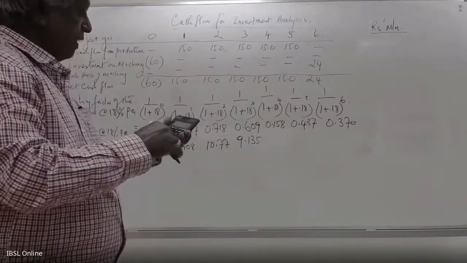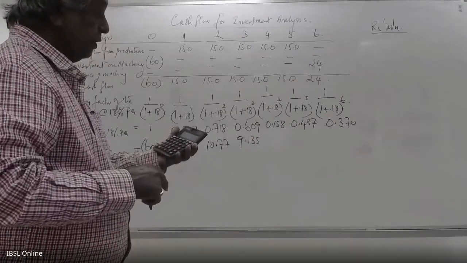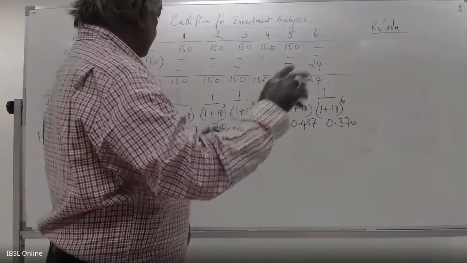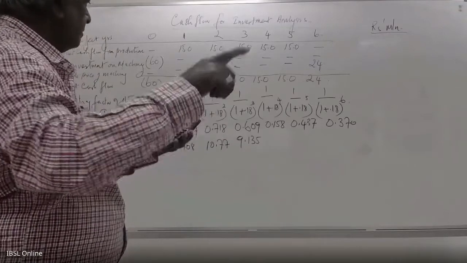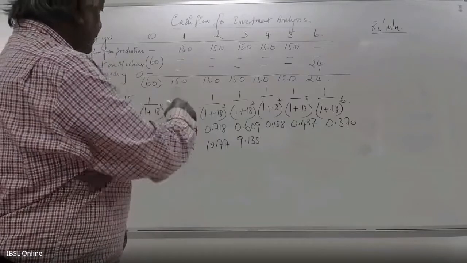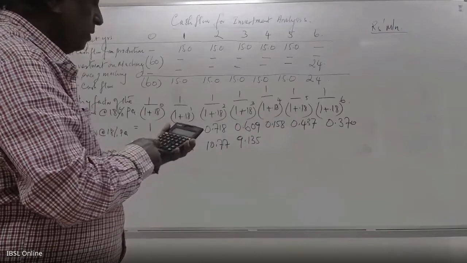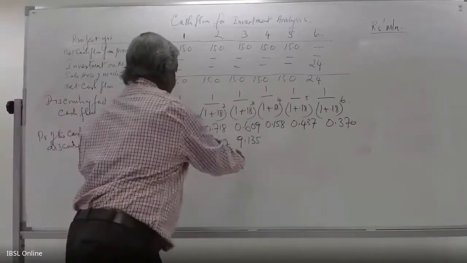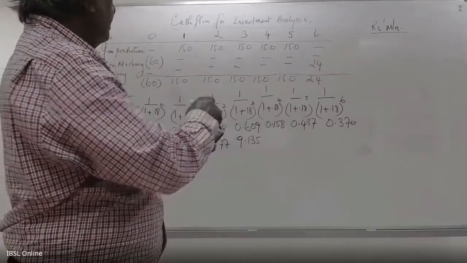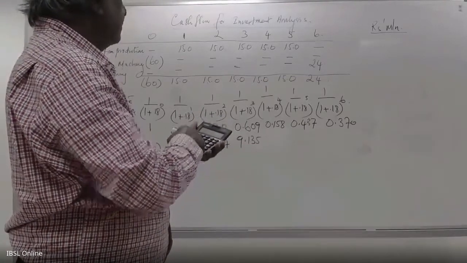Again 15 into 0.158, 2.37. So it should be 0.516. Sorry. Yeah, 15 into 0.609, 9.135. This is okay. Is it okay? Yeah, that's correct. The next one, 15 into 0.516.